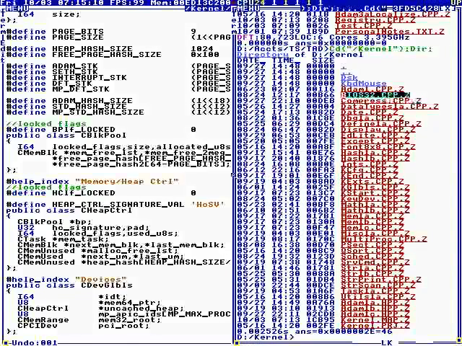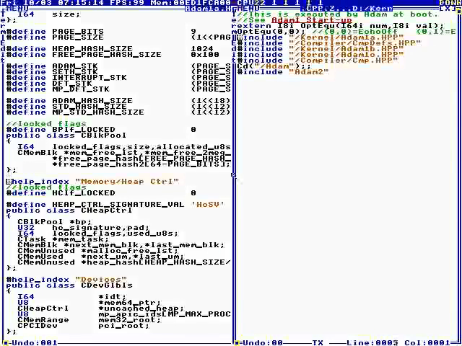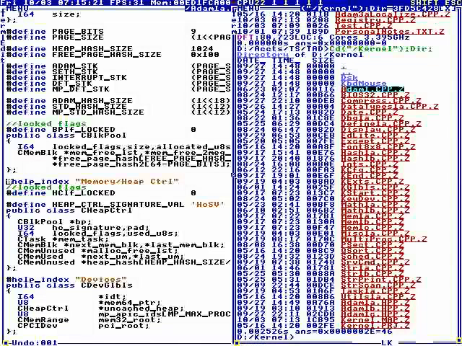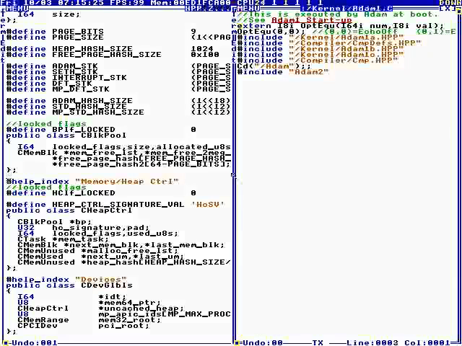Atom 1 is the C++ file, and it includes the headers Atom 1A, 1B, and 1C. So it starts compiling Atom 1, and that includes 1A, 1B, and 1C.